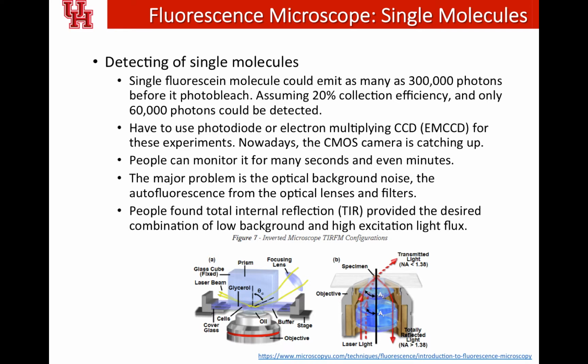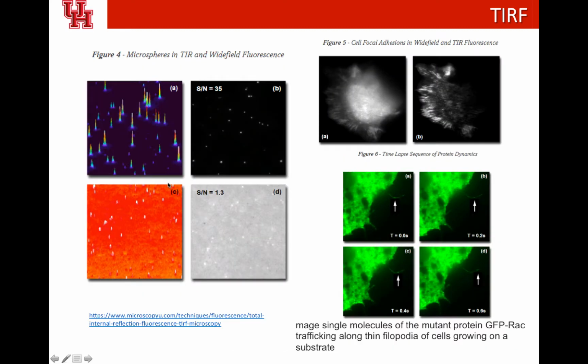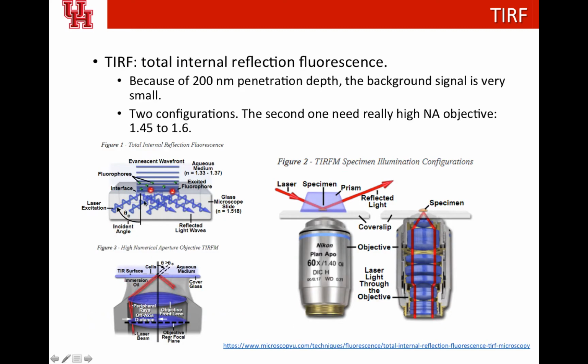Although one thing is that you have to use a really high numerical aperture objective. So normally it's 1.45 to 1.6 or even 1.7. So here shows you the near field, or the electric field, around the interface between this glass slide and the solution or your cell. You shine the light to the boundary at a certain angle, bigger than the critical angle, and then total internal reflection will happen.